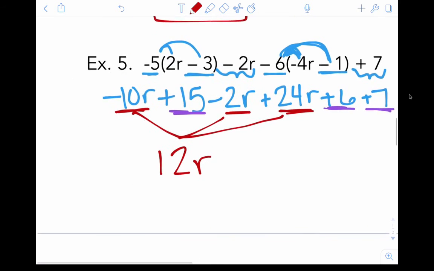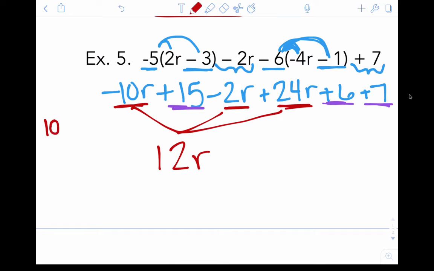So once again, I did negative 10 minus 2 plus 24. Negative 10 minus 2, I'm going to add the opposite to get negative 12 plus 24. I have a positive and a negative, so I need to subtract my numbers. 24 minus 12 is 12. And 24 is my larger number, so my 12 is positive. So I have 12 r's.